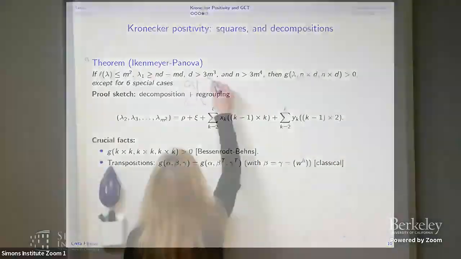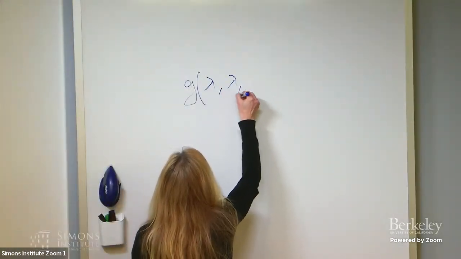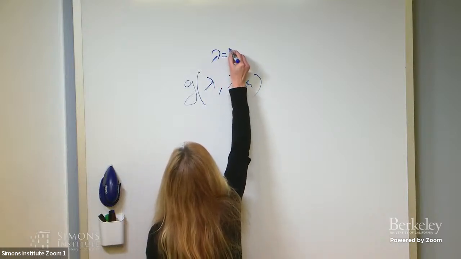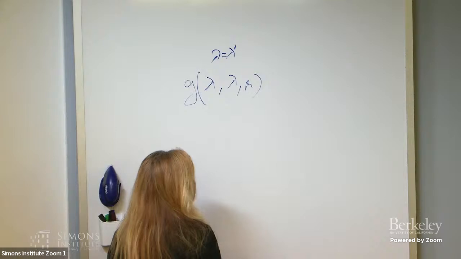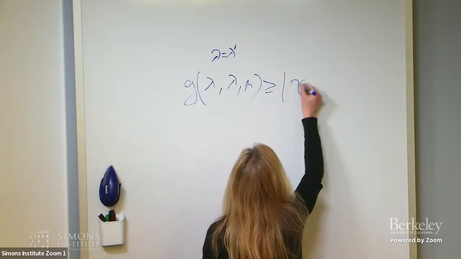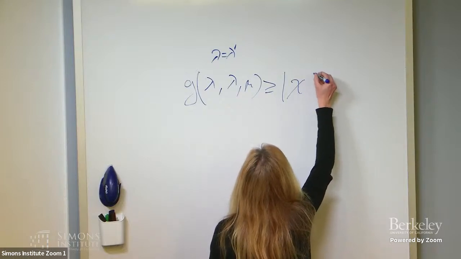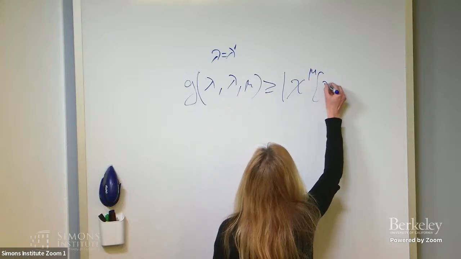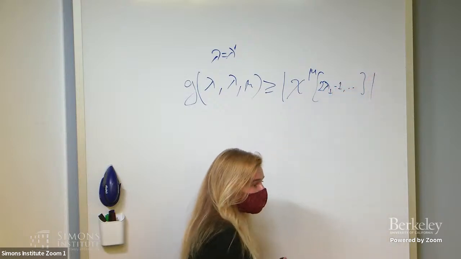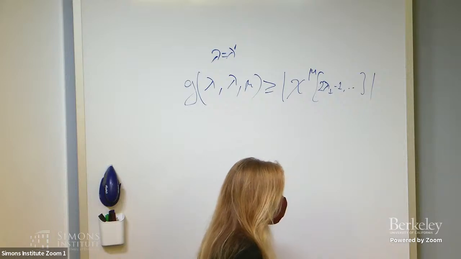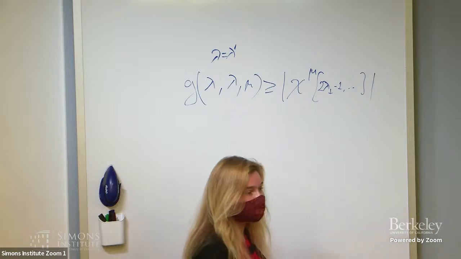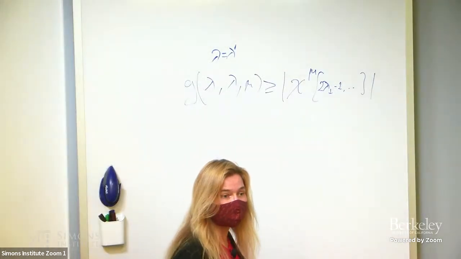If we have a Kronecker coefficient of two partitions which are symmetric, so self-conjugate, this is going to be greater than or equal to the absolute value of the character of mu at the main hook. So it's a particular character evaluation, and while the characters are bad in general, in this particular case this character absolute value is just 1.